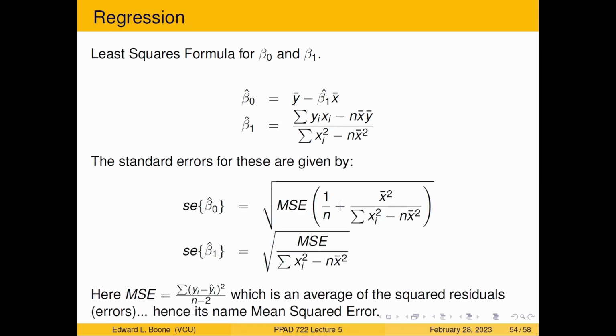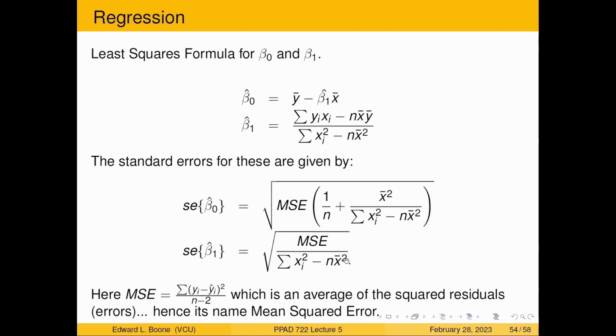Okay, so standard errors. Basically, the standard error is how far things vary from the mean. Okay, so how much do these vary from sample to sample? And this is why we talked about the mean squared error, because it shows up in the formula here. And this is the formula for the standard error of beta 0 hat, and this is the standard error for beta 1 hat.